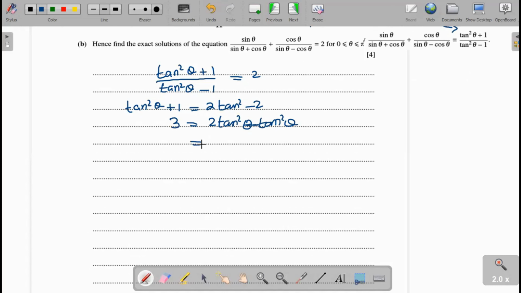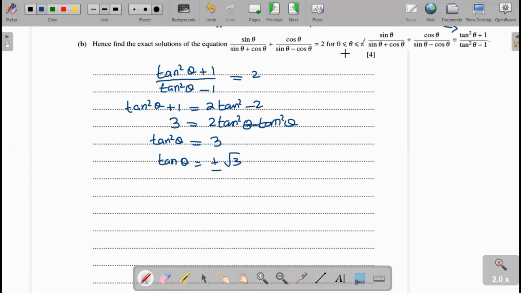Now we can write it as tan square theta will be equal to 3. Now tan theta will be equal to plus or minus square root of 3.